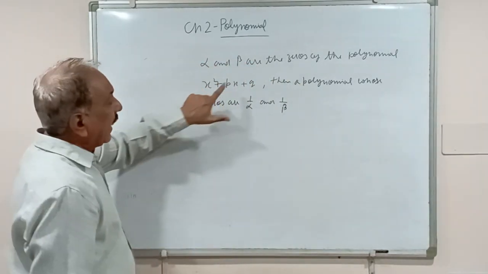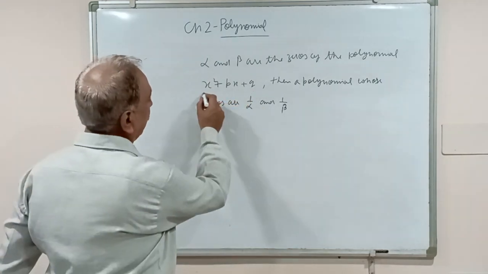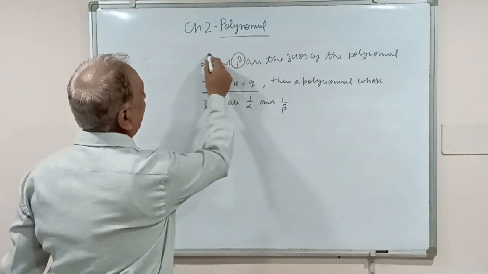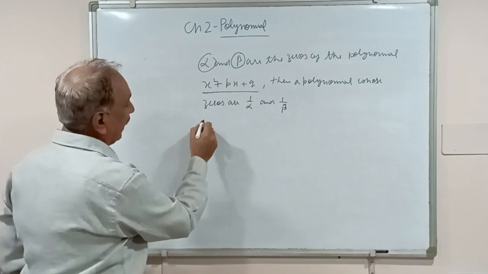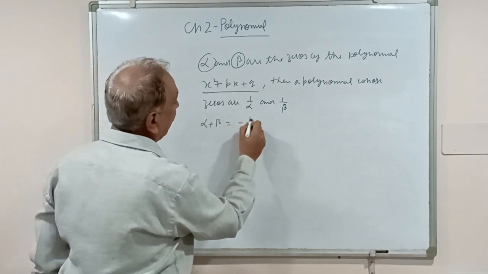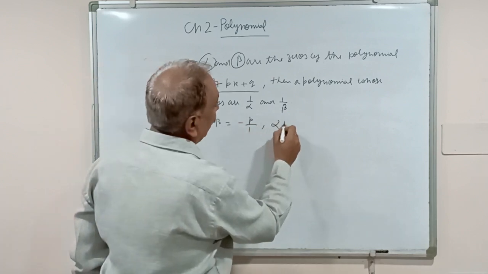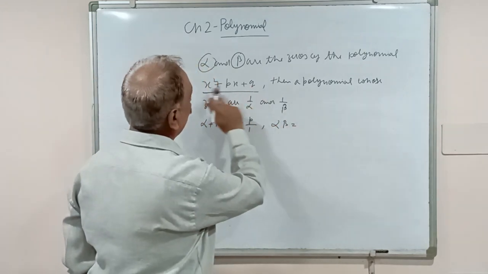First, alpha and beta are the zeros of this polynomial. So alpha plus beta is minus b upon a, this is minus p upon 1. Alpha into beta is c upon a, this is q upon 1, which is q.